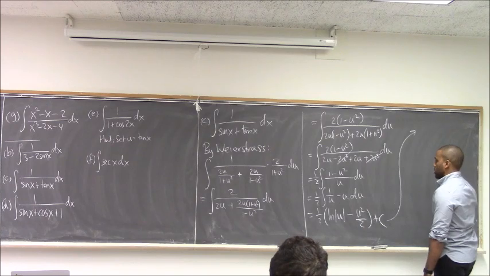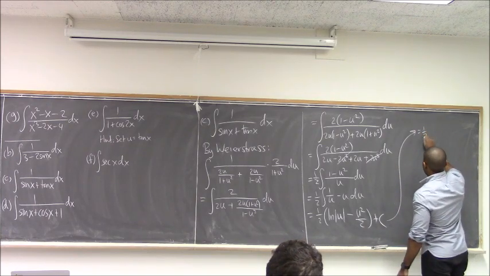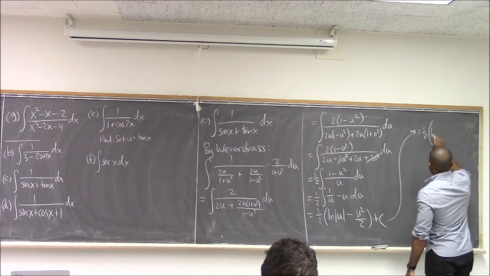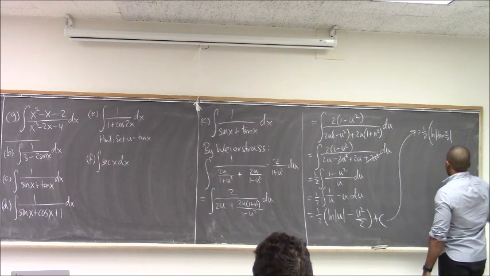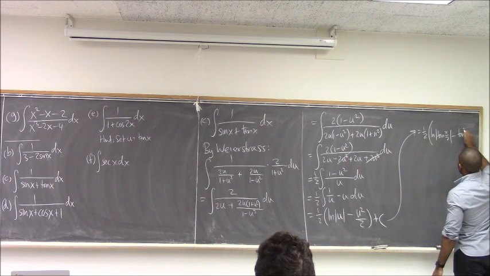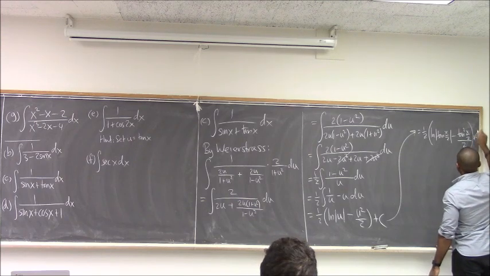And our u was the Weierstrass substitution. So this is 1/2 times ln of tangent x over 2 minus tangent squared x over 2 over 2 plus c.